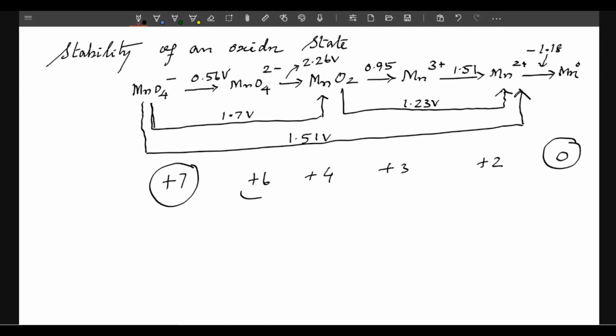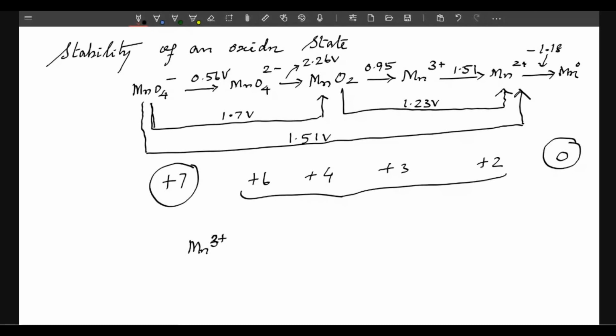These intermediate states may be unstable. If it is unstable, it is undergoing change to some species. For example, let us consider manganese 3 plus.